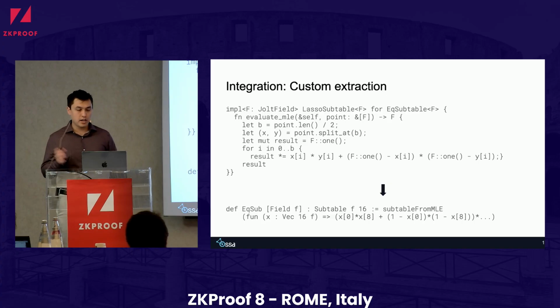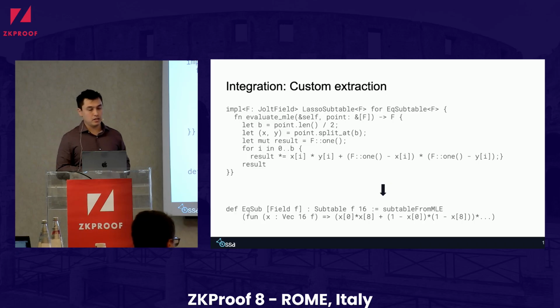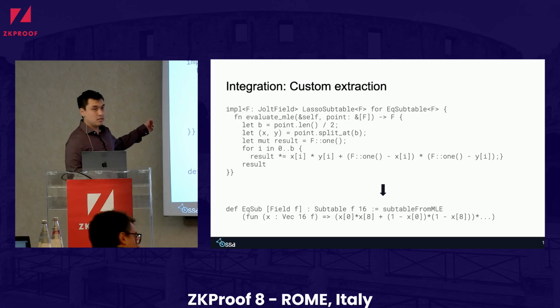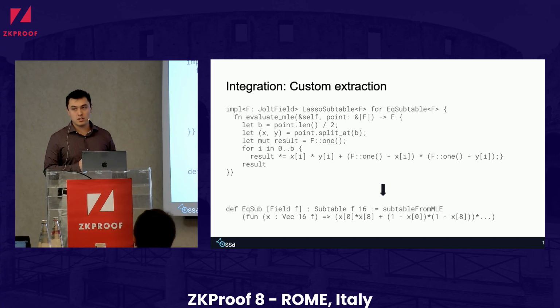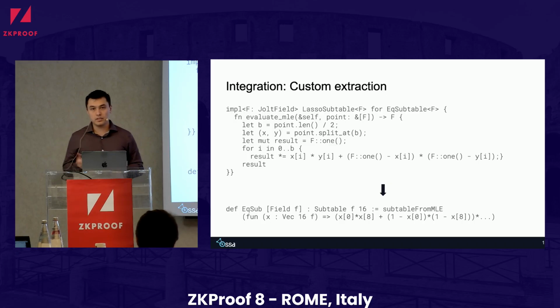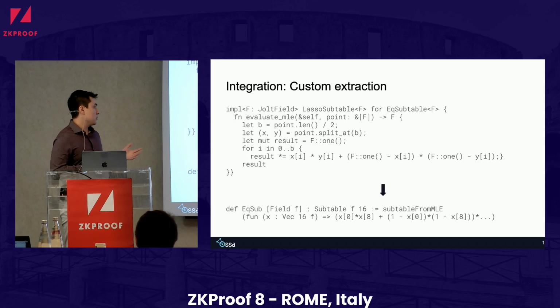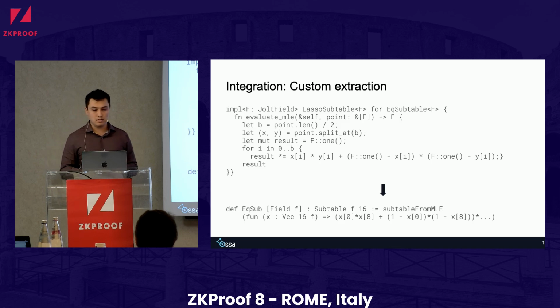When you run it through our extractor, you get this expression at the bottom, which works by linking against this function, building up an AST representation of the function, and then pretty printing the output. So you have pretty high confidence that the expression you end up with in Lean actually corresponds to what you're running on the Rust side.